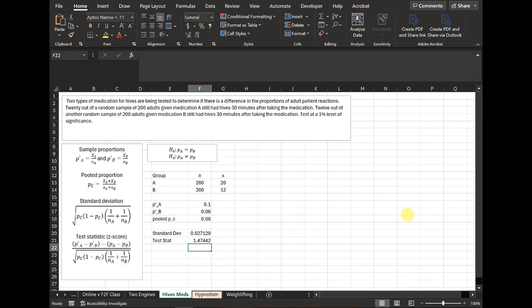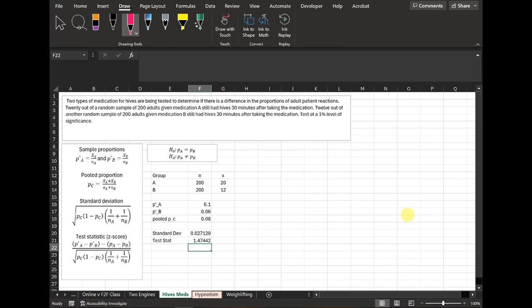Okay, and so now, since we're talking about proportions, proportions are always using the standard normal distribution. So if I just wanted to draw what the p-value of this looks like, I'm going to have this 1.474 somewhere over here. So I'm trying to compute this area here.